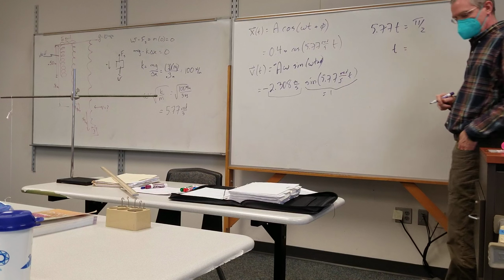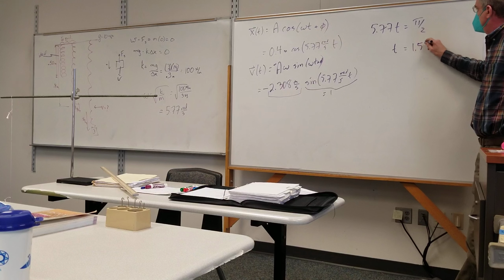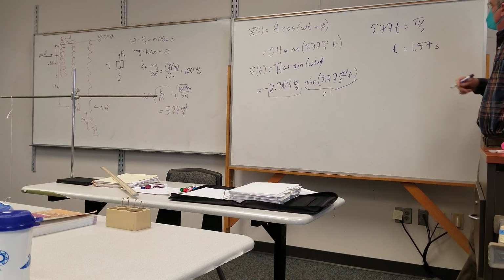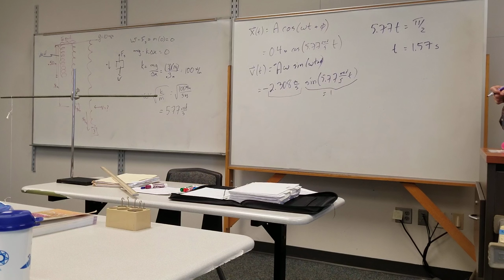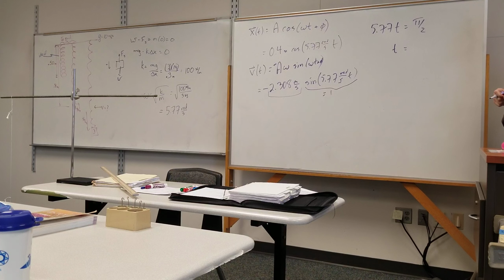So what time is that? Pi over 2, about 1.57, then divide by 5.77.